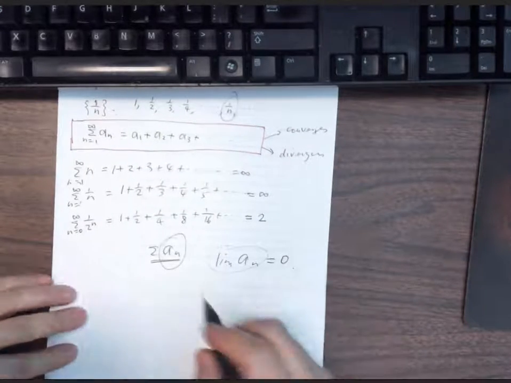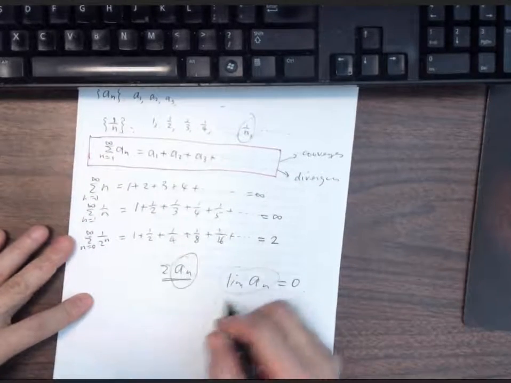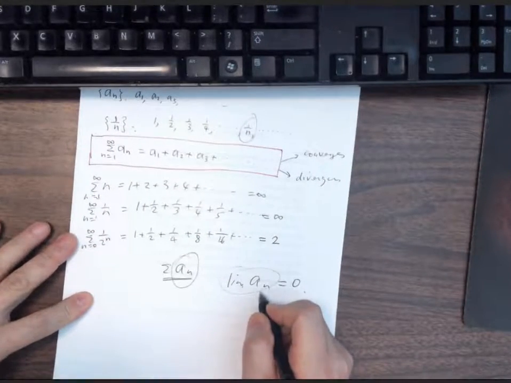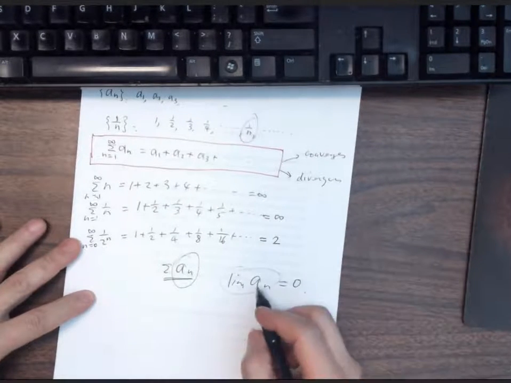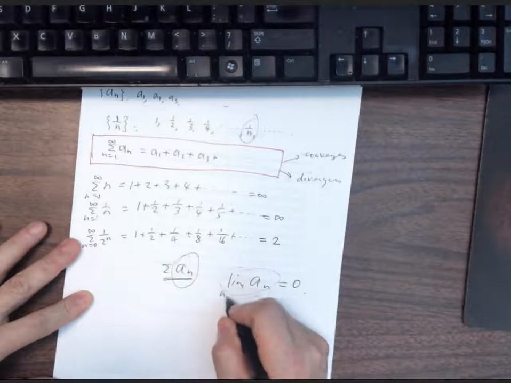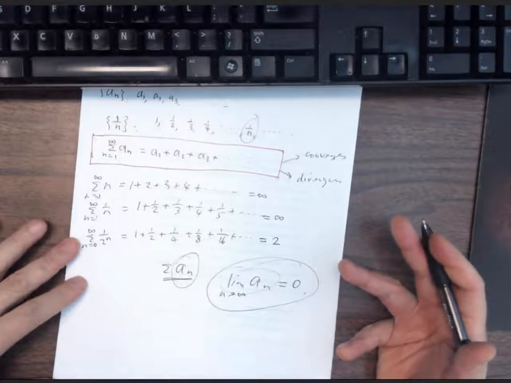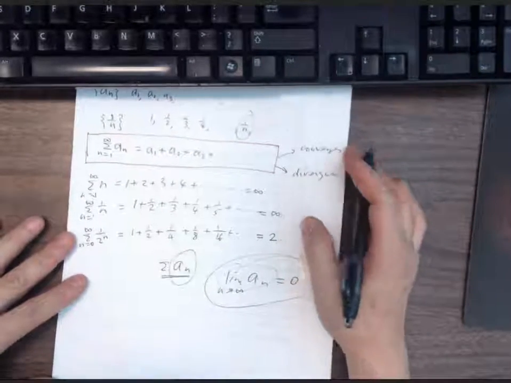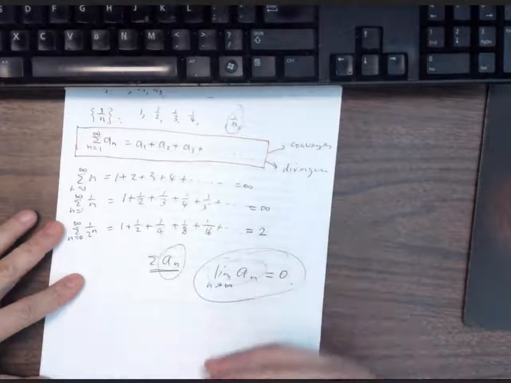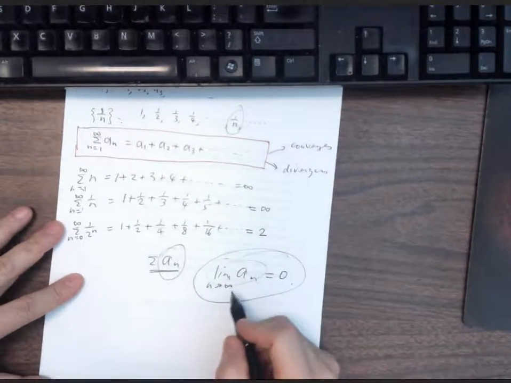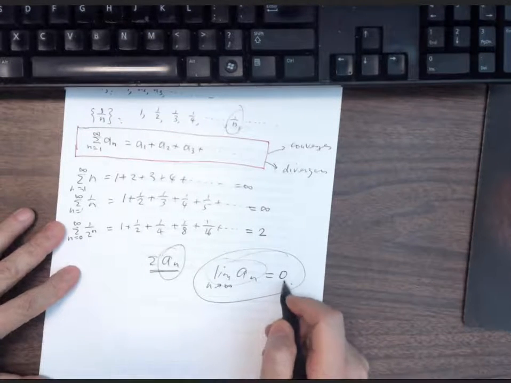At any rate, we need to check out the limit. As a matter of fact, later on there will be a test that says the limit as n goes to infinity of a sub n equal to 0 is a necessary condition. So it's not just whether it approaches 0 or not. It's necessary, plus maybe how fast the sequence approaches 0.